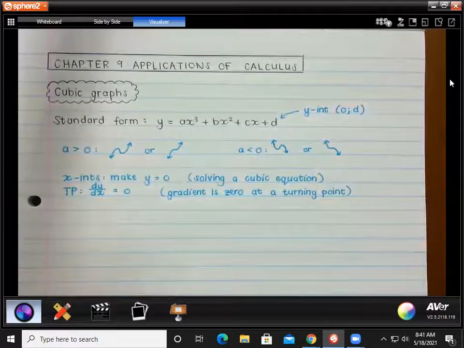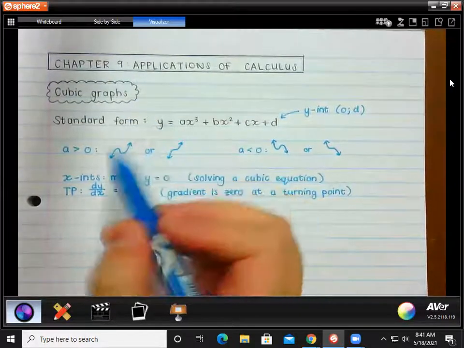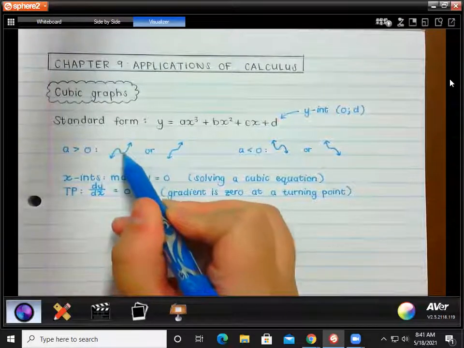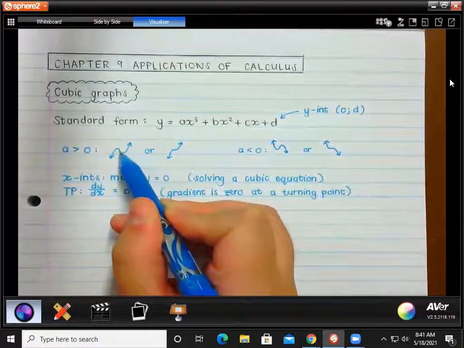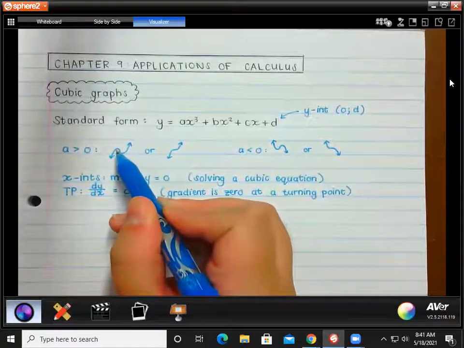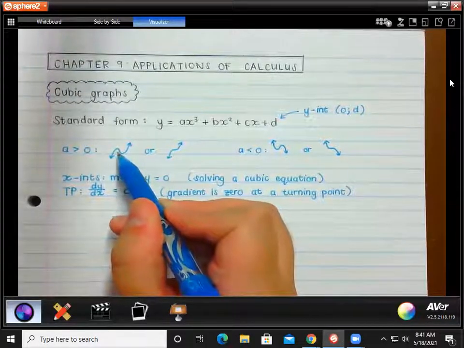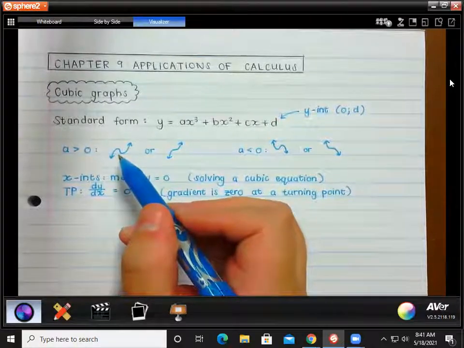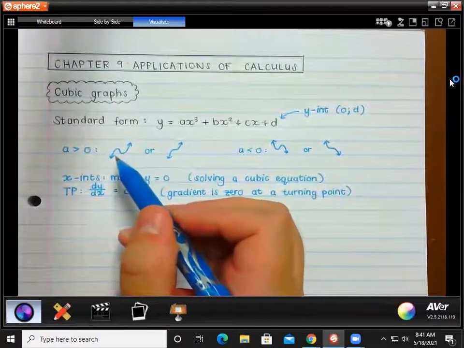All right, guys, now, if we're looking at this type of graph, halfway between the 2 turning points we are going to have a point of inflection. I don't know if you discussed that last year in AP. The point of inflection is where your graph changes from being concave down to being concave up, so it changes its concavity.